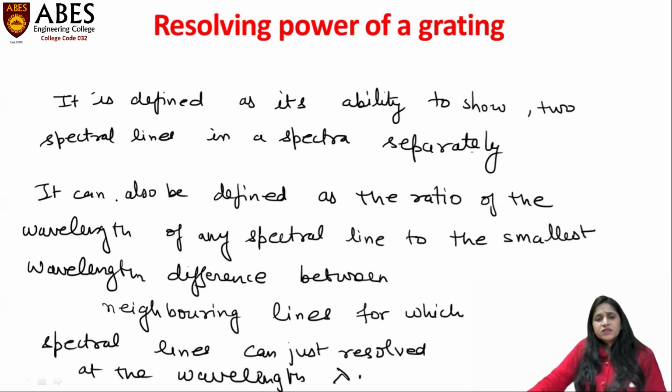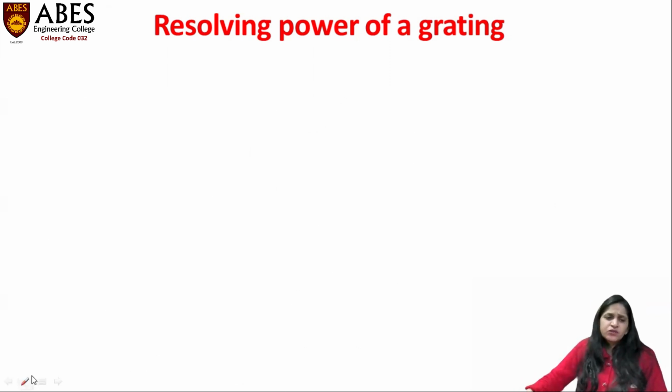So it can also be defined, the resolving power, as the ratio of the wavelength to the smallest wavelength difference. So in short, mathematically, the resolving power is lambda upon d lambda.